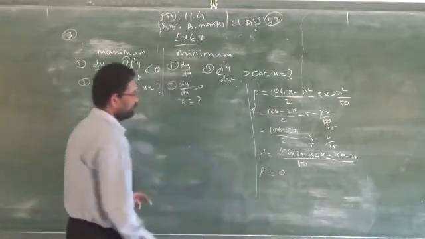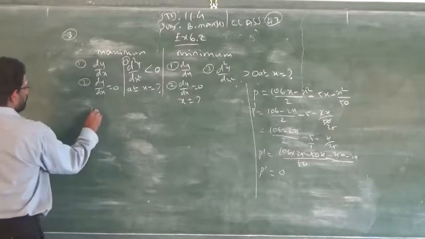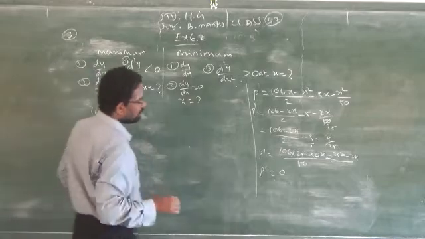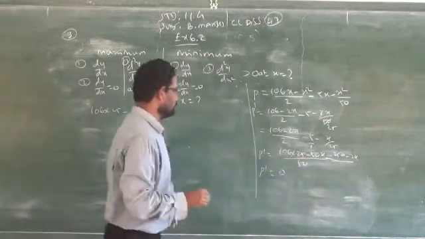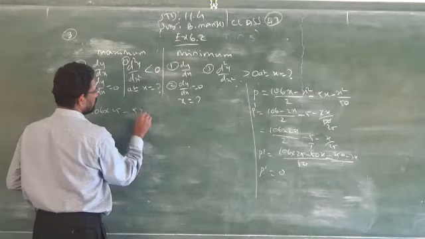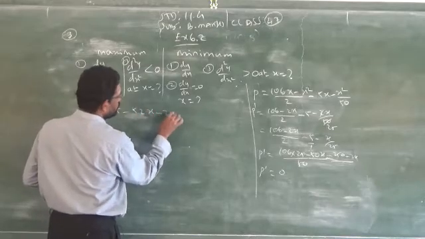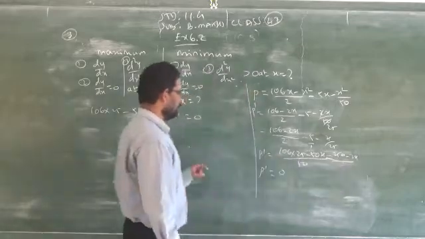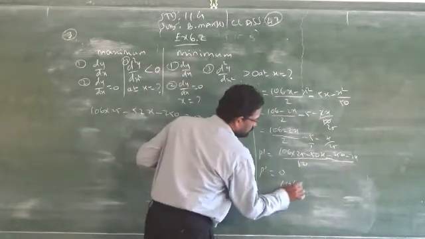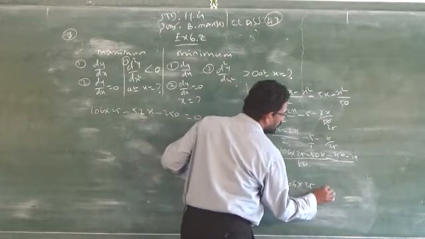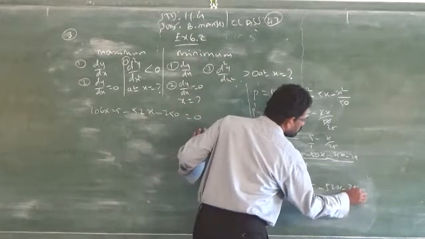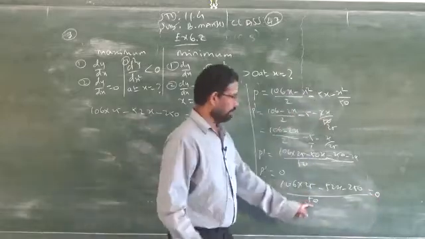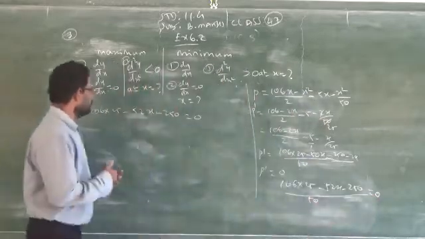After that you have to simplify 106 into 25 minus 50X minus 2X, so minus 52X minus 250 by 50 is equal to 0, because when you take 50 to the right side, we get always 0.